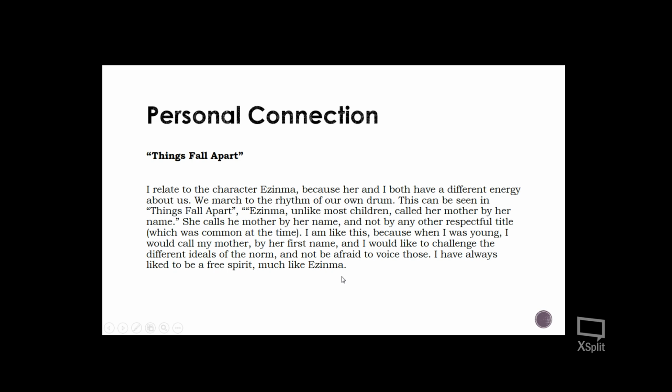She calls her mother by her name and not by any other respectful title, which was common at the time. I am like this because when I was young, I would call my mother by her first name. True story here. And I would like to challenge the different ideas of the norm and not be afraid to voice those. I have always liked to be a free spirit, much like Enzima. Okay, now this is just an example of how her and I are like each other, and I am using a direct quote to do so.